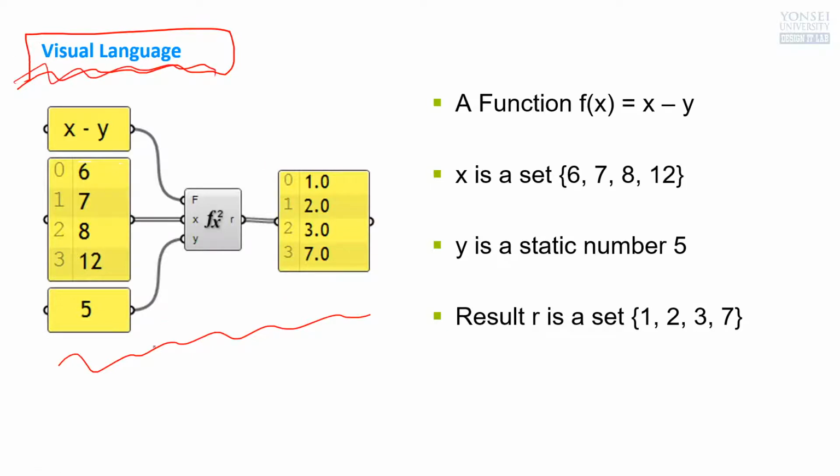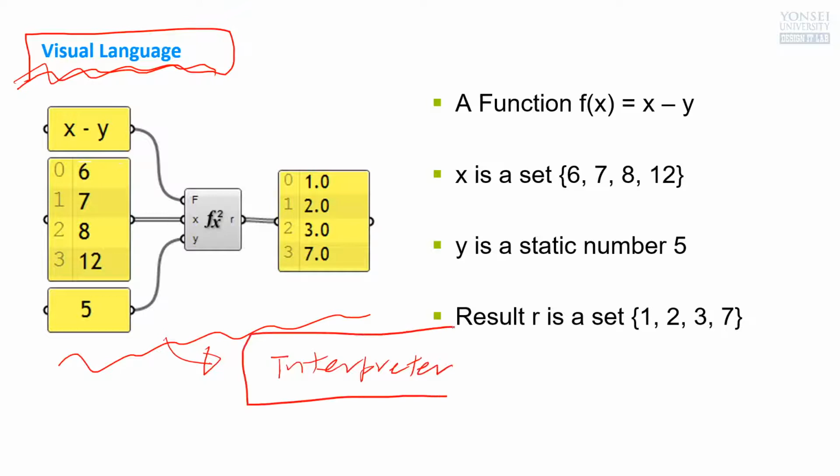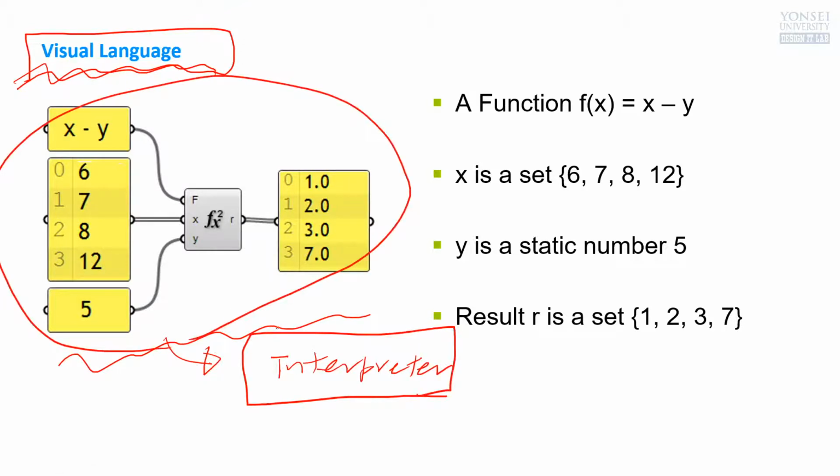So in the perspective of interpreter and compiler, what's the role of this one? There is another interpreter, in charge of interpreting into code, for example Python code, Java code, whatever, okay?